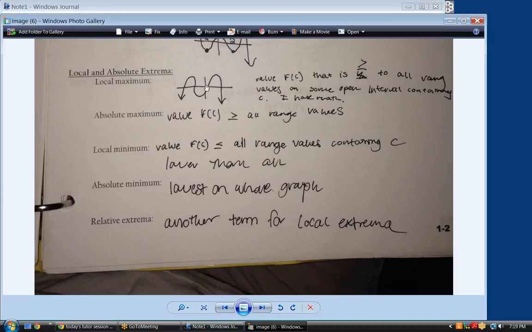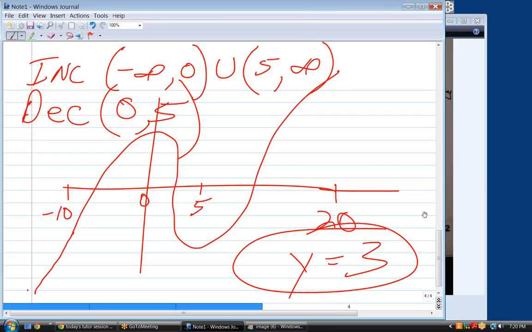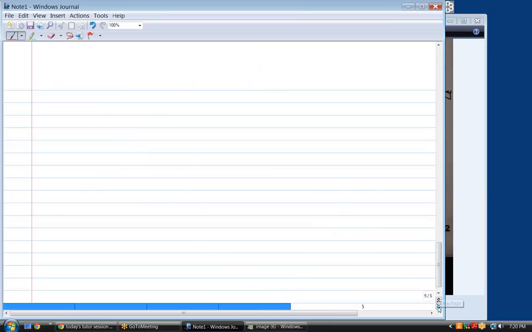In other words, this point right there is a local max, because the definition merely means that there are points to the left and to the right that are below this. If you have that, you have a local max. It doesn't matter how many points. It doesn't have to be many.